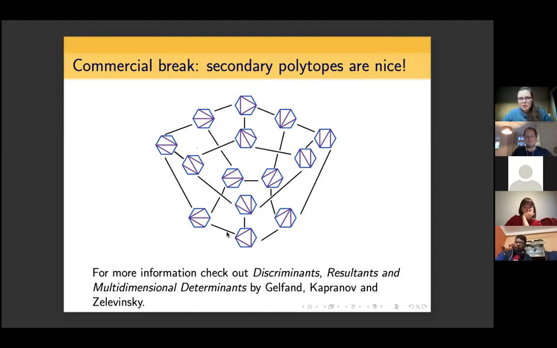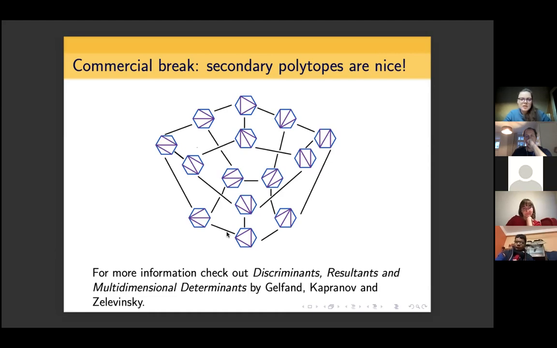And secondary polytopes generalize a lot of families of very nice polytopes, which are of interest to algebraic geometers, people doing combinatorics, and people doing representation theory and so on. And if you haven't seen them much before, you can dig into the book by Gelfand, Kapranov, and Zelevinsky. They have a dedicated chapter about secondary polytopes, and it's absolutely beautiful.